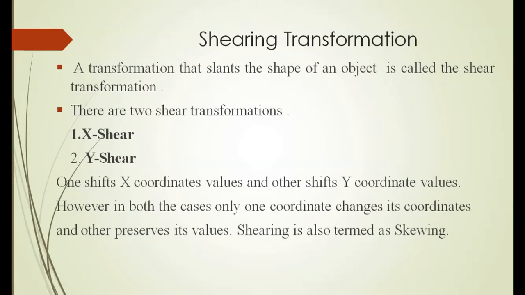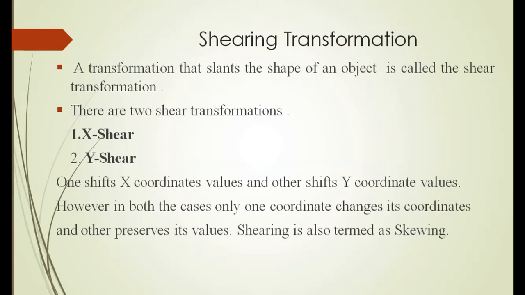It is not scaling the object; it is shearing, where only the shape of an object is slanted. In this shearing transformation, the shape of the object will be distorted, and we keep one axis or the origin point fixed.